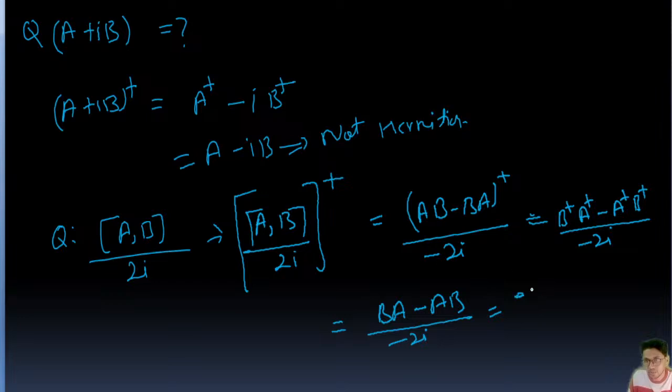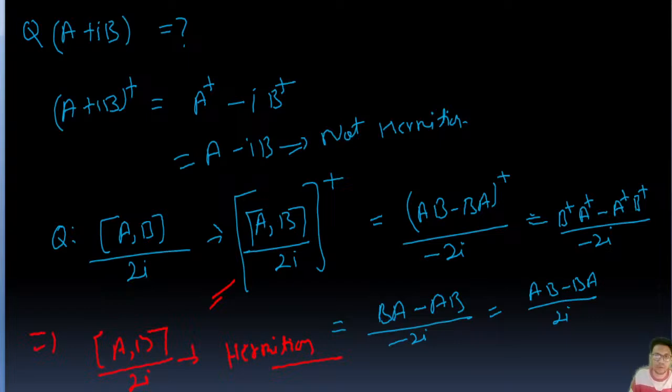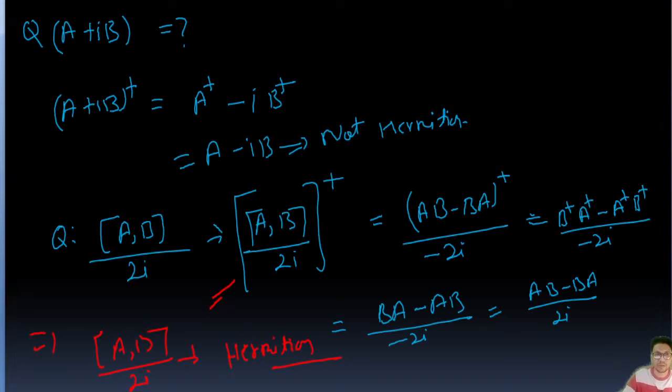So this is going to be AB minus BA upon 2i, right? I checked whether they are Hermitian or not Hermitian. Very simple questions, for practice of properties.